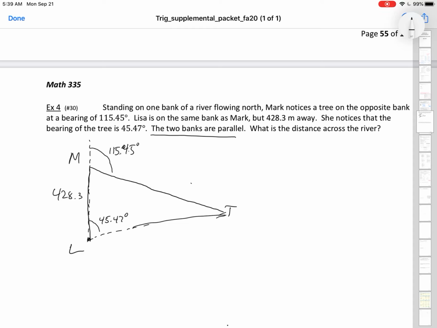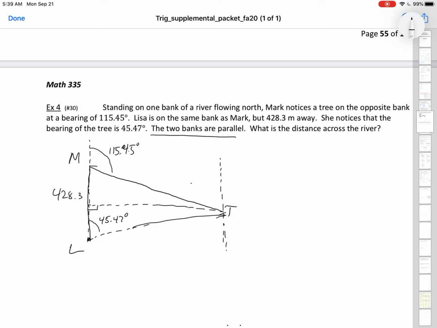So in the end, they would like to know this distance right here across the river, the straight across distance that's happening there. Let's take a look at how we're going to find that. We probably could find that in several ways. Drawing that bearing in there, we could use the right angle here.